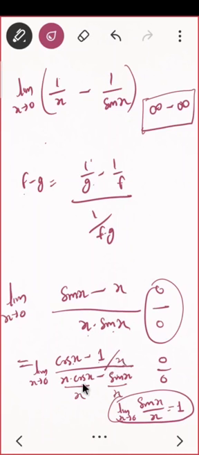And here x is cancelled, I am having cos x, and this is cos x minus 1. That is giving me sin square, no? So here I am having x, so I have to give one more x to this. Multiply and divide by x. So the final answer will be 0. Can you see it?